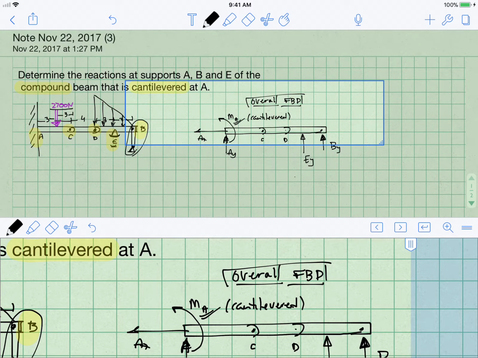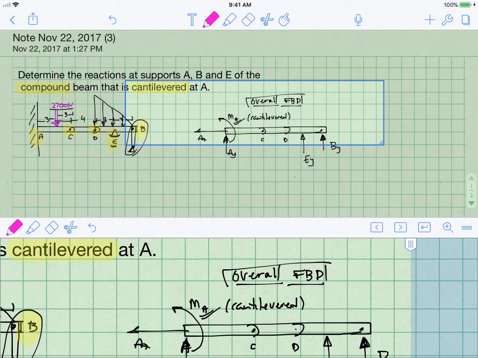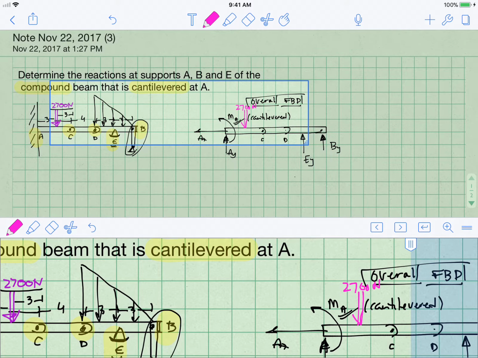We also must include our external loads. Let's give them a different color to call them out. Right here in the middle of this 6 meter segment length, we have 2,700 newtons. Likewise, the area of this triangular load is a half times the base, which is 6, times the height, which I didn't tell you, but it's 900 newtons per meter.